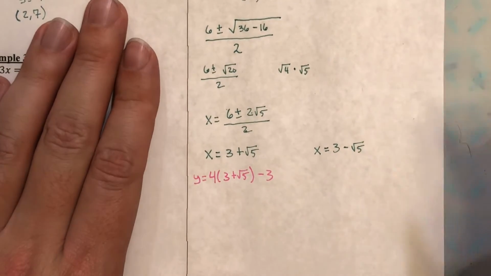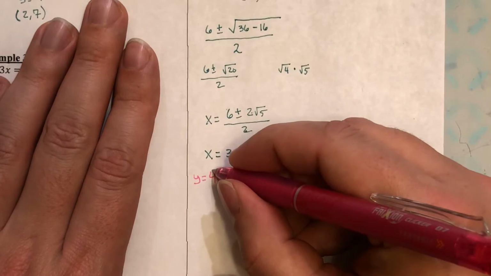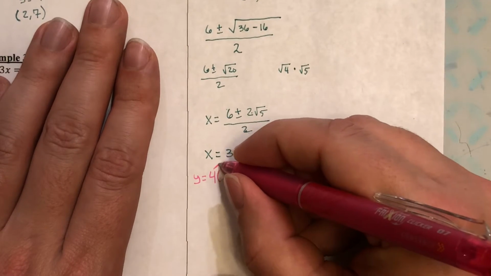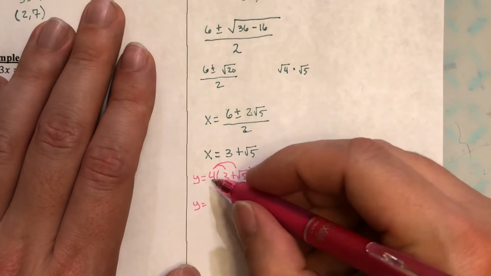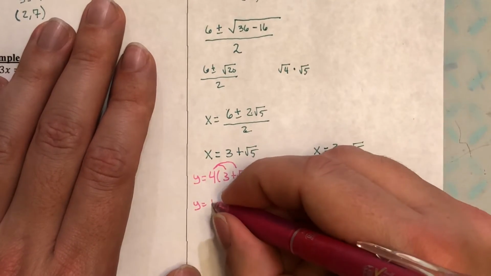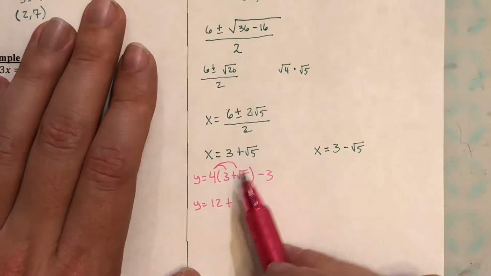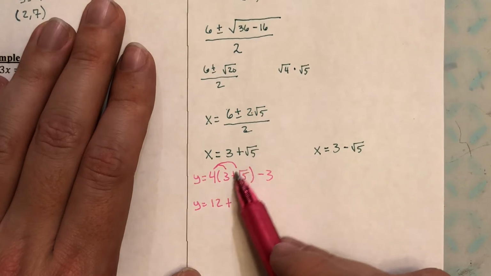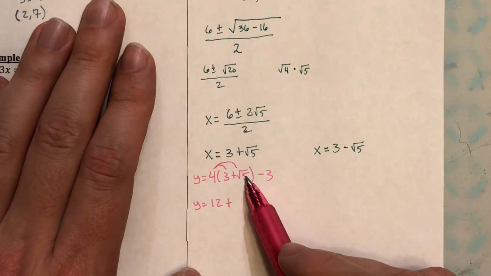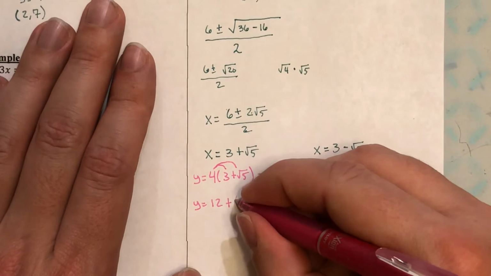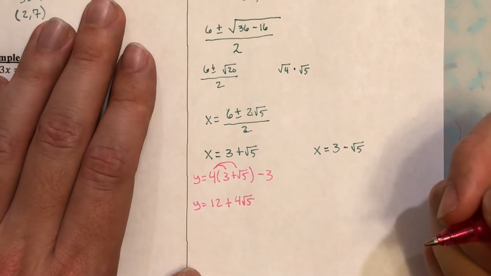When I am multiplying this, that 4 distributes to both parts here. So this becomes y equals 4 times 3 is 12, plus when I multiply by the radical, it doesn't multiply to the number underneath it, it just multiplies in front, so it is plus 4 square root of 5.